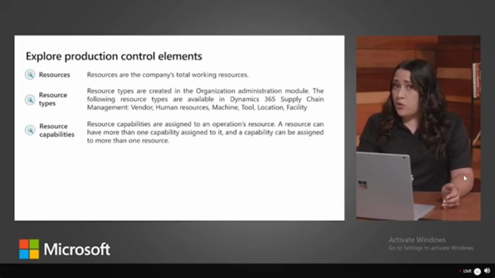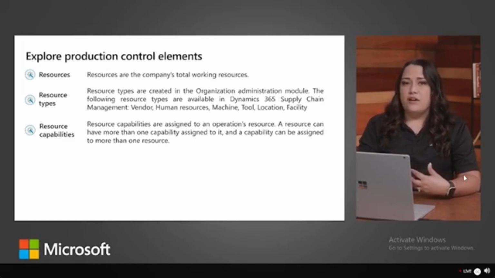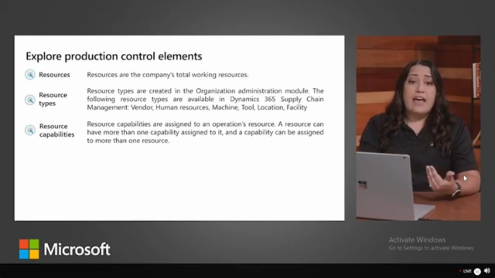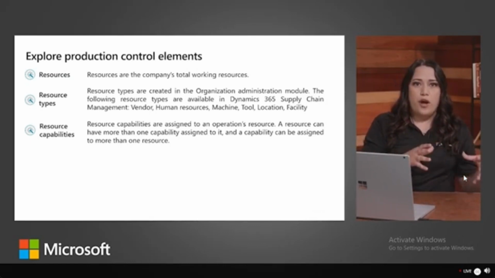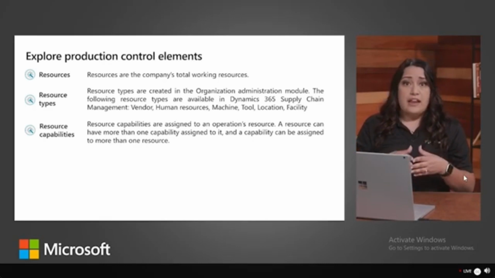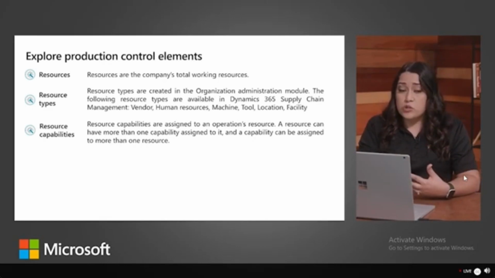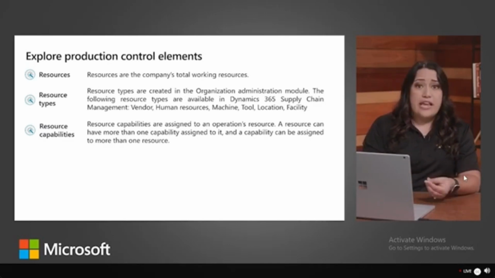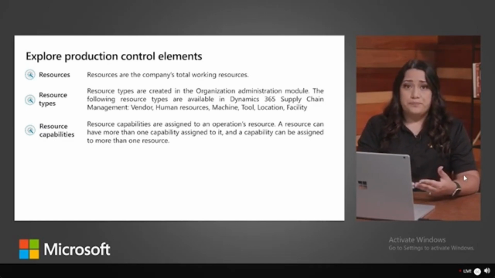Now, that production order is going to contain either a list of raw materials from the bill of materials, which I'm going to talk about in a minute, or it can have a formula that has all of the co-products and byproducts. It's also going to have the resources that are going to be used, any routes it'll take, and the operations.